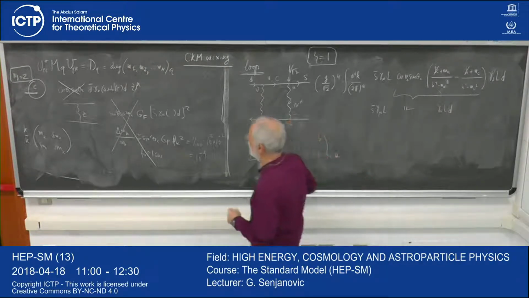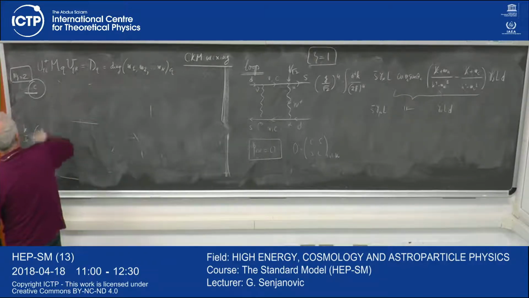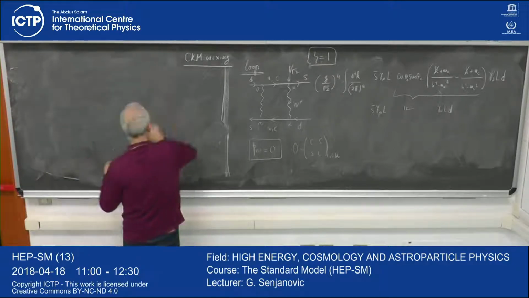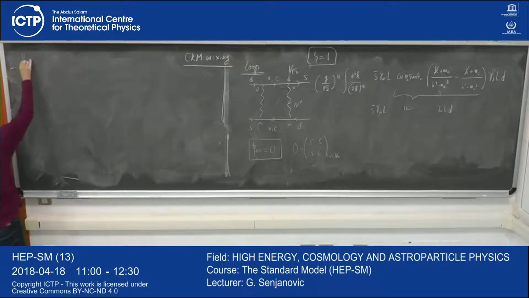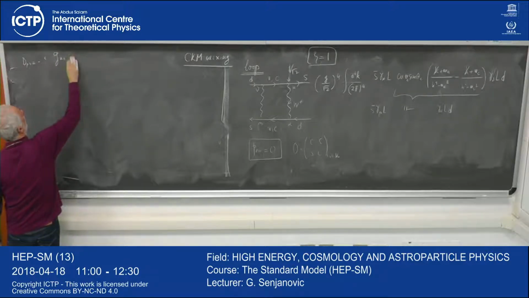How does the propagator look like? This I can erase. I need now the blackboard. I better use it intelligently. So D mu nu in the R_xi gauge is minus i, well, I'm not writing a factor. No, just this.